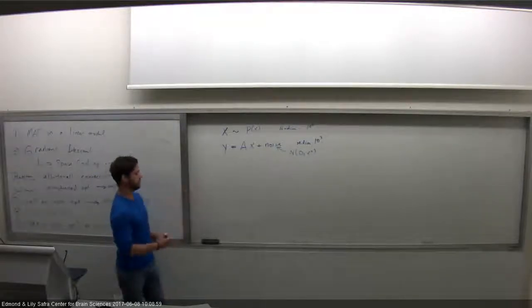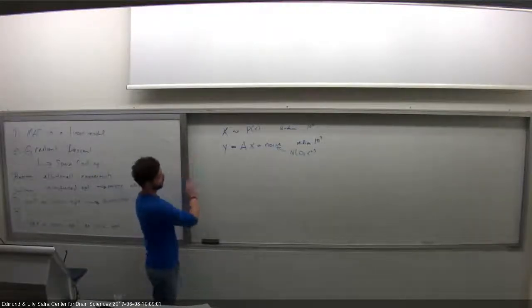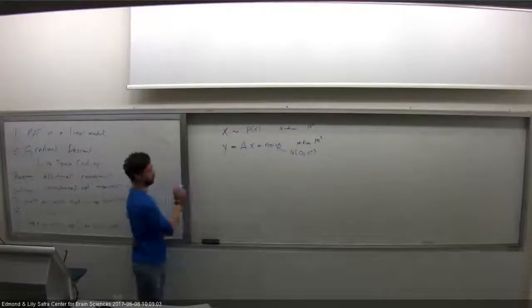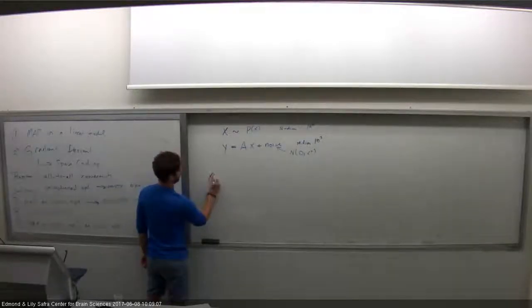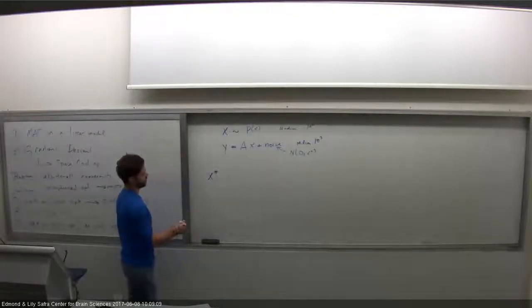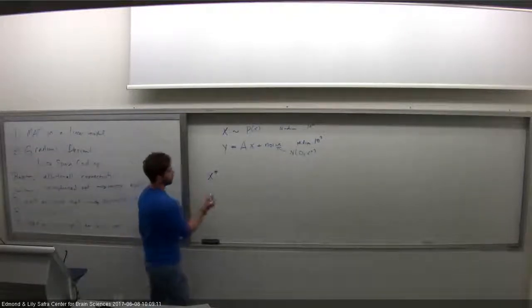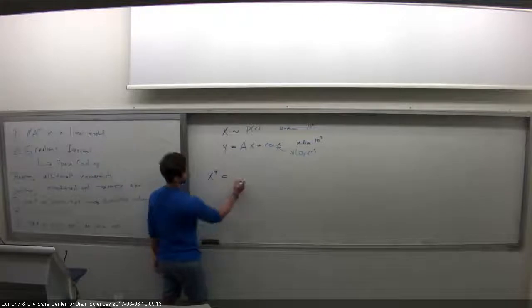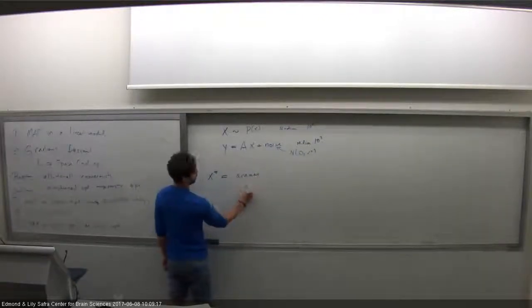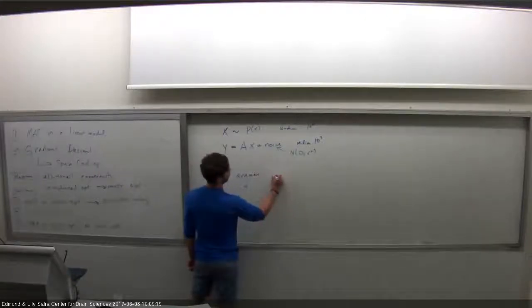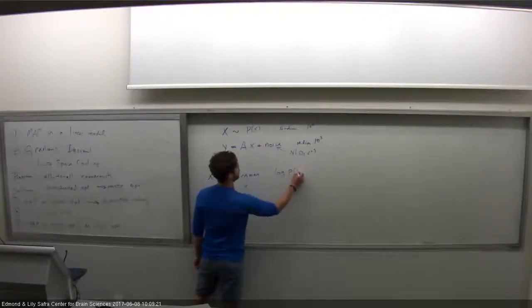Okay, and the way we're going to estimate x from y is to do MAP inference. At the output of this system, let's say in the granule cells or in the piriform cortex, x is going to be the arg max over all possible odors of log p of x given y.